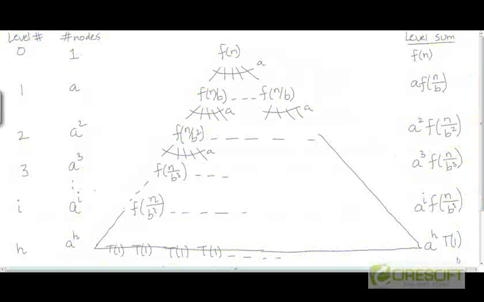So in the general case, the overall complexity is going to be f of n multiplied by log of n, because log of n is the height of the tree, log of n base b to be specific.